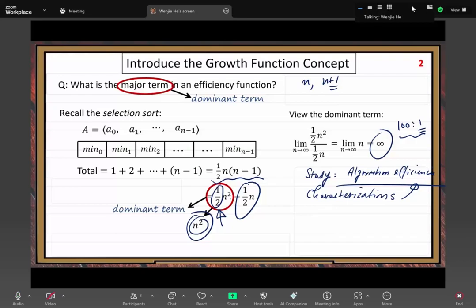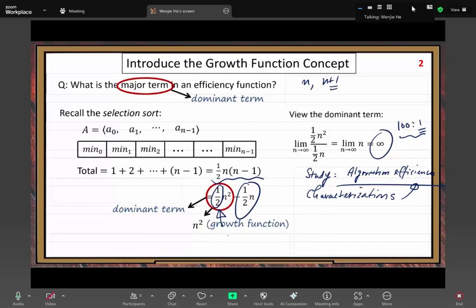All right. So based on that consideration, now we drop the leading coefficient. We only keep the n squared as the representative of the category. This n squared is the representative of the category we select for efficiency functions. Then this function we call the growth function.